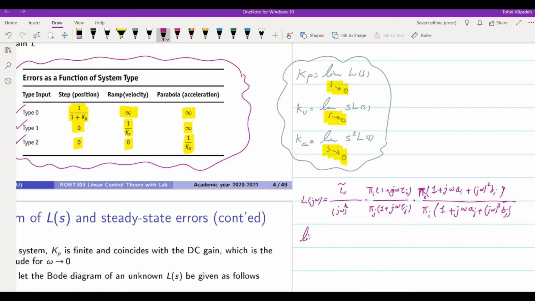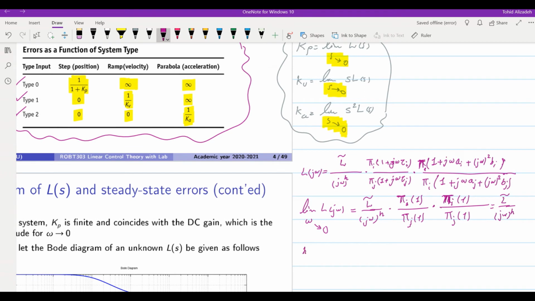Now, if you want to find out the limit of L of j omega as omega goes towards 0, we will end up with L tilde over j omega to the power of h, because for the rest we will have a multiplication of 1s over 1s for the first order and second order poles and zeros. So these are products. And this will be equal to L tilde over j omega to the power of h.